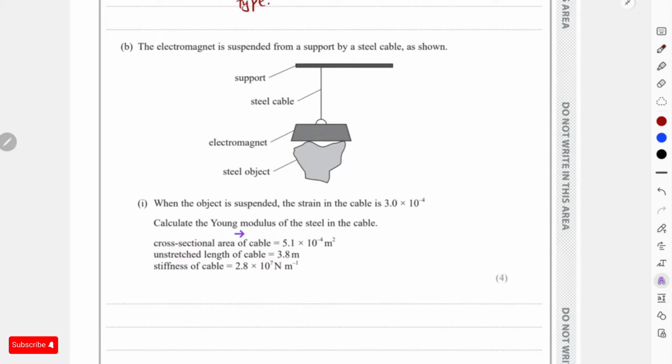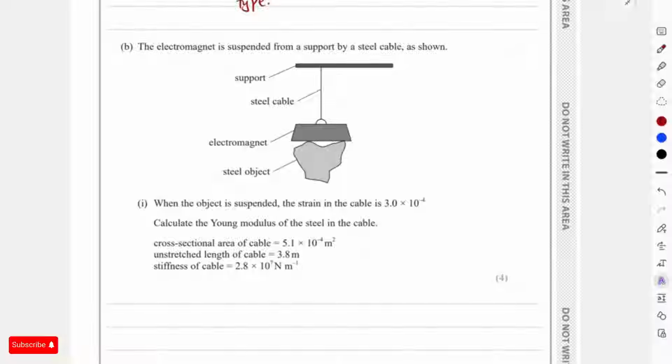Cross-sectional area. For Young modulus, we need force and length, and this is the unstretched length, that means this is the original length. And from this part, we have the stiffness. From stiffness, we can calculate the overall force, but we still have to calculate the extension also, right?